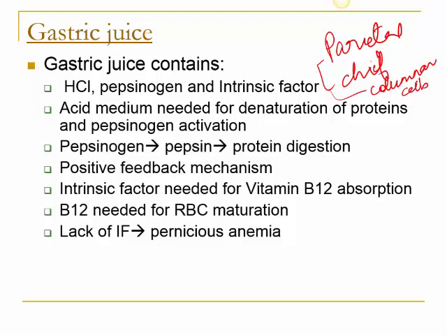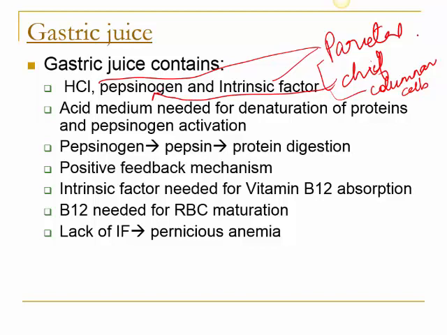These are the cells which were present in the epithelium. We already talked about the enteroendocrine cells. So let's look at these three cells and what they produce. Gastric juice consists of HCl, pepsinogen and intrinsic factor. Parietal cells produce HCl and intrinsic factor. Chief cells produce pepsinogen.